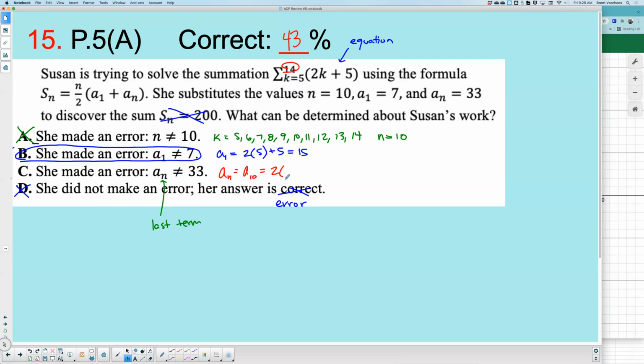No, you plug in 14. 2 times 14 plus 5. What is 2 times 14? 28. Add 5? 33. It equals 33. This says does not. It does equal 33. That's not it. The answer would be B.